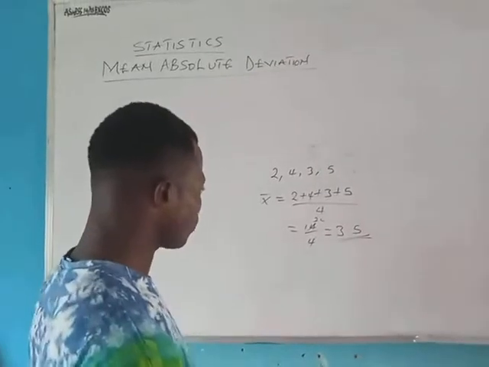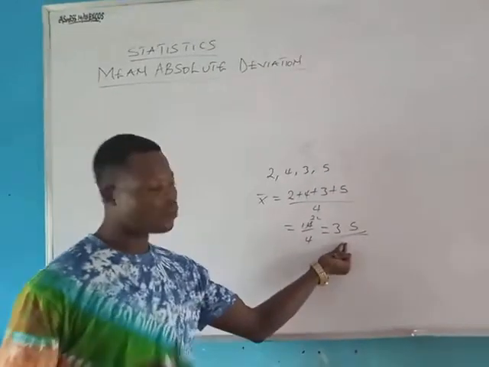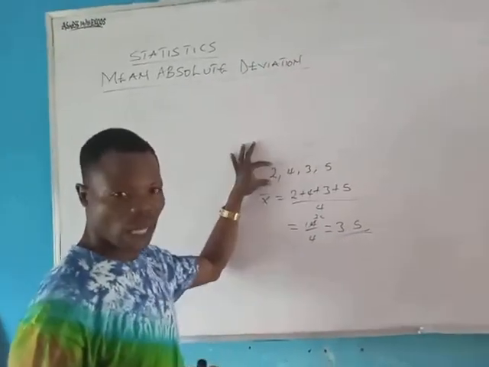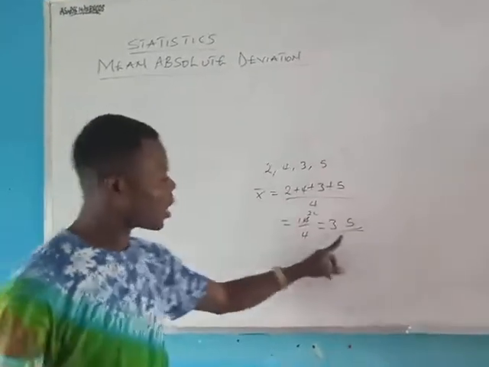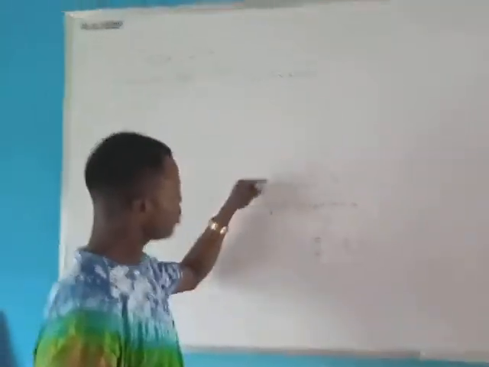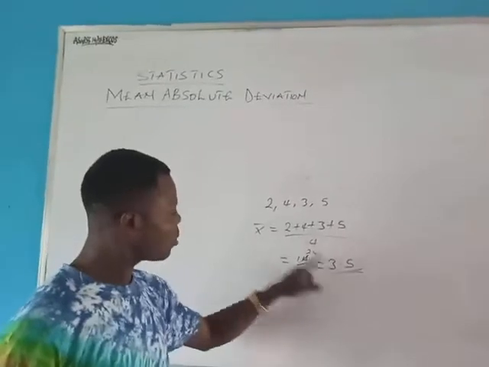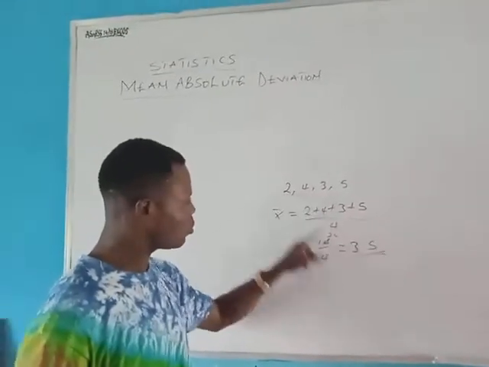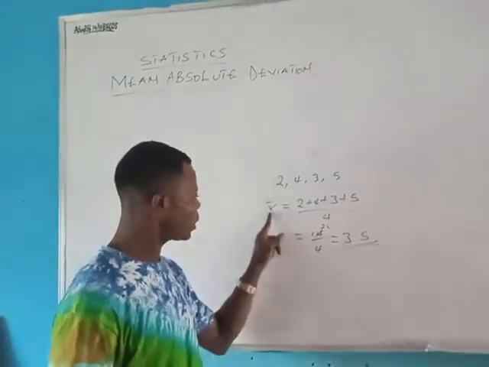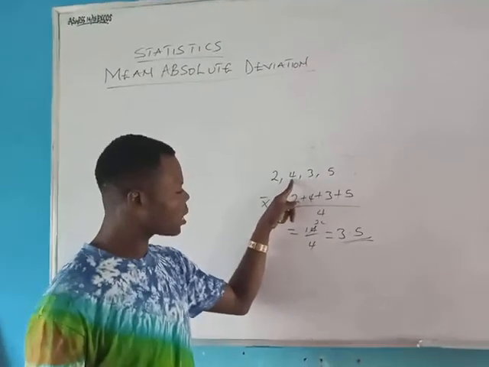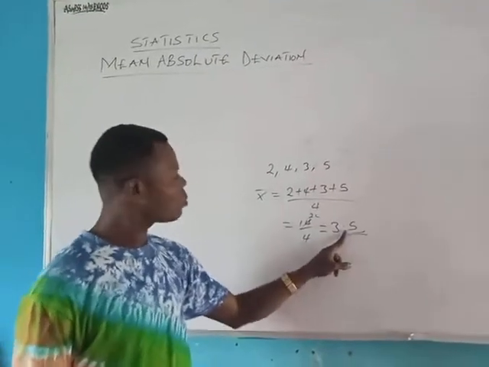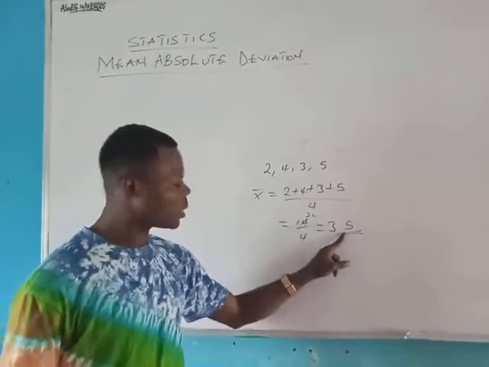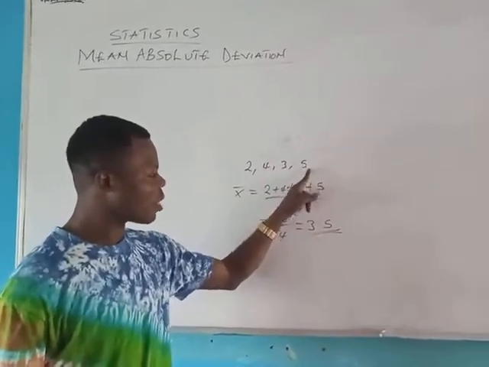And we want to know how far each observation is from this middle. We can find the distance of 2 from the middle, which is the mean. We can also find the distance of 4, of 3, and of 5 from this.